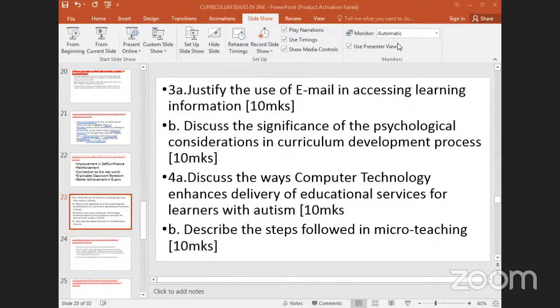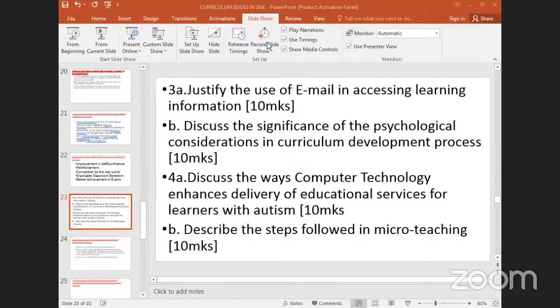The rest, what do you think on the same? Significance of psychological consideration in curriculum development. Yes, Lydia. Yes, Pascal. I have a point here. My point goes like this.